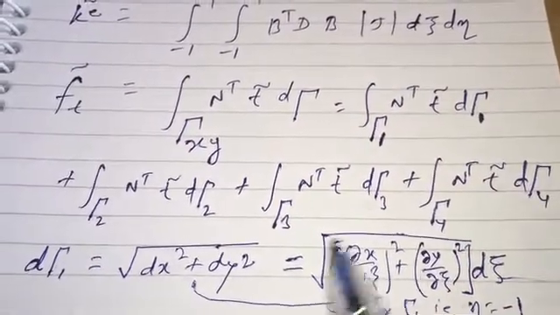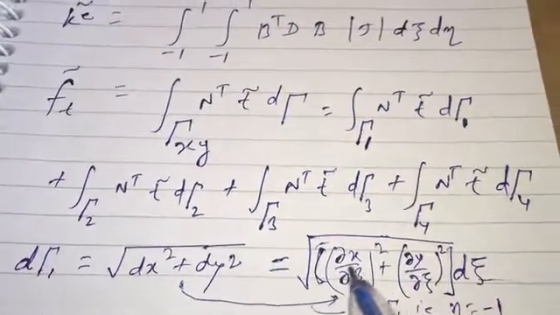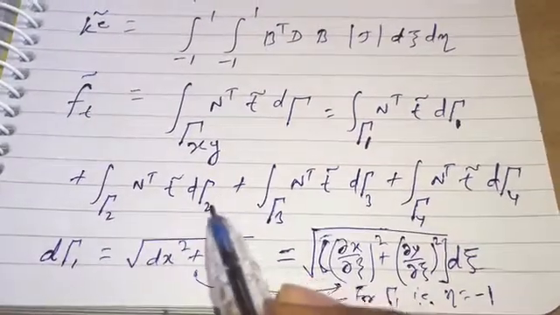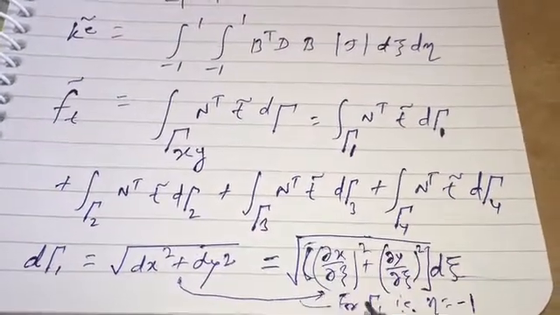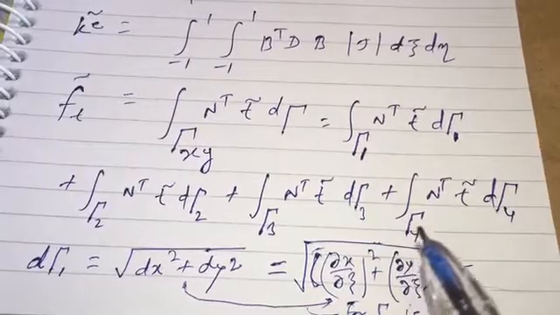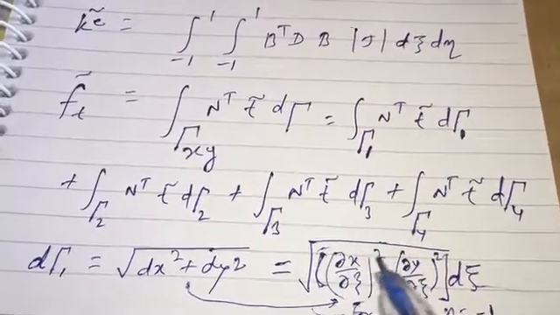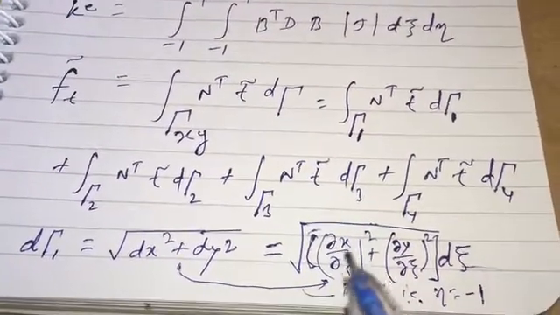Okay, and then we integrate. Similarly, you have to repeat it for gamma 2, gamma 3, gamma 4. Okay, more you can learn when you are actually solving the problem. Okay, so we will see that later. Okay, thank you.